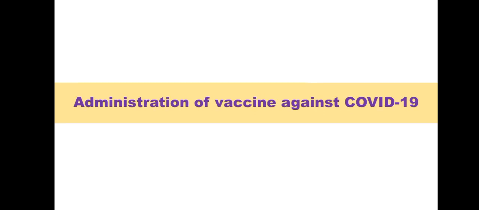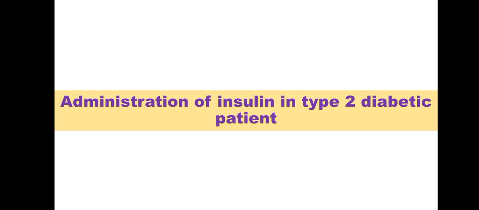Then you all know about the administration of the vaccine against COVID-19. It is through the intramuscular route. Then suppose the patient has type 2 diabetes that is not controlled with oral anti-diabetic drugs, and you want to administer insulin. Now we all know that insulin is a peptide. You cannot give it orally because orally it is immediately degraded, so it is given by the parenteral route.